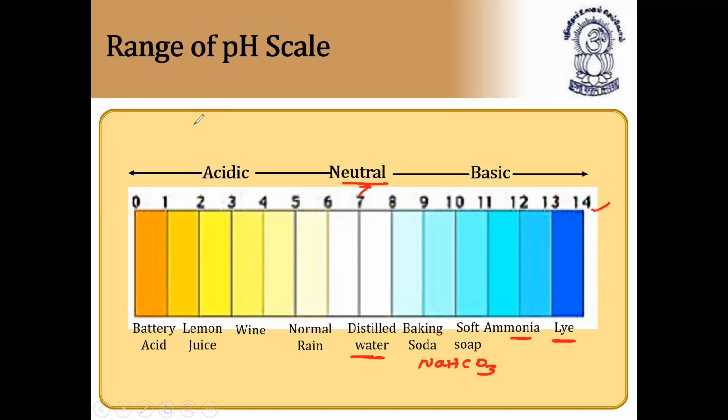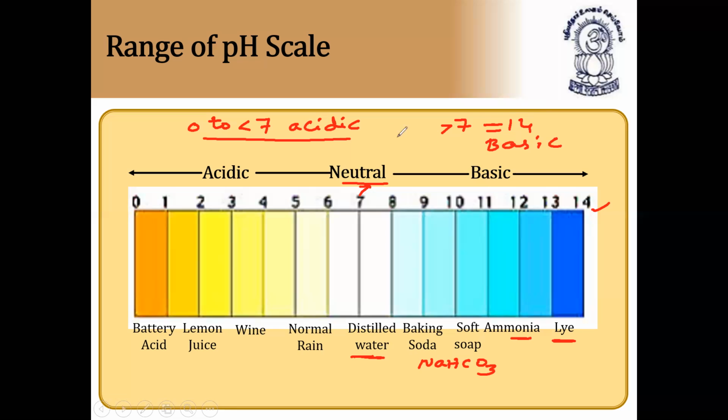So if the pH value of a solution is in the range of 0 to less than 7, it is acidic in nature. If the pH value of a solution is in the range of 7 to 14, we can say the solution is basic.